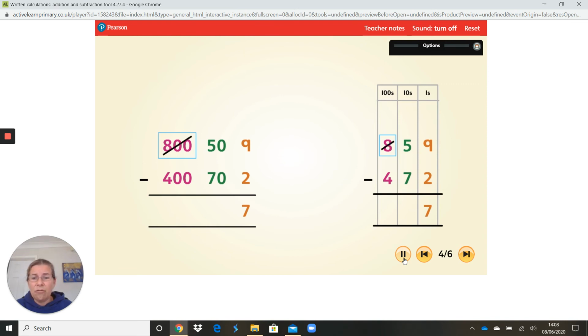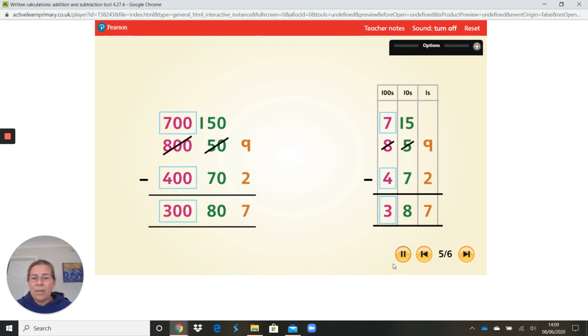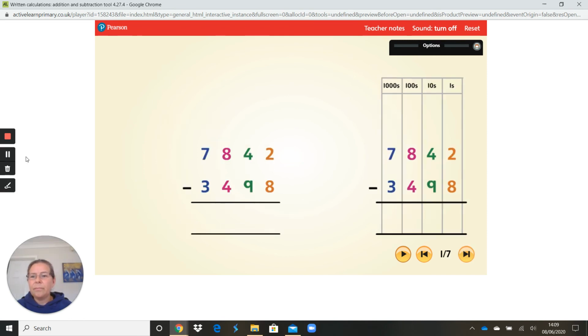So I go to the 800, I take 100 away, and that becomes 700, and I give it to the other column. That now becomes 150. 150 take away 70 is 80. And 700 take away 400 is 300. Now let's put these numbers back together, reconstruct it, and your answer is 387. Well done.